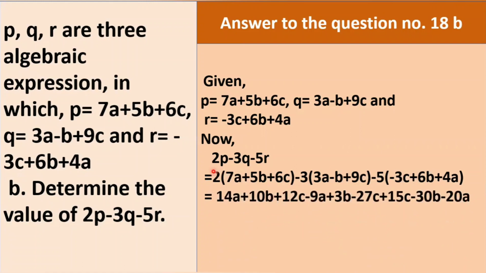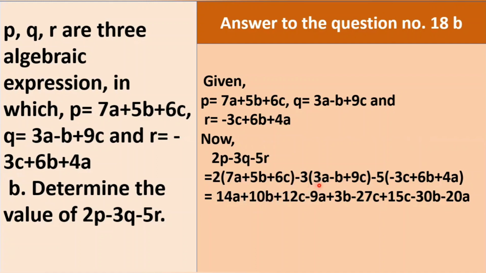Then we multiply 2 with all the terms here, because 2 is multiplied with P. So here 2 will be multiplied with all the terms that are in P. So 7 times 2 is 14a, plus 5b into 2 is 10b, 6c into 2 is plus 12c. Again here there is a minus sign.